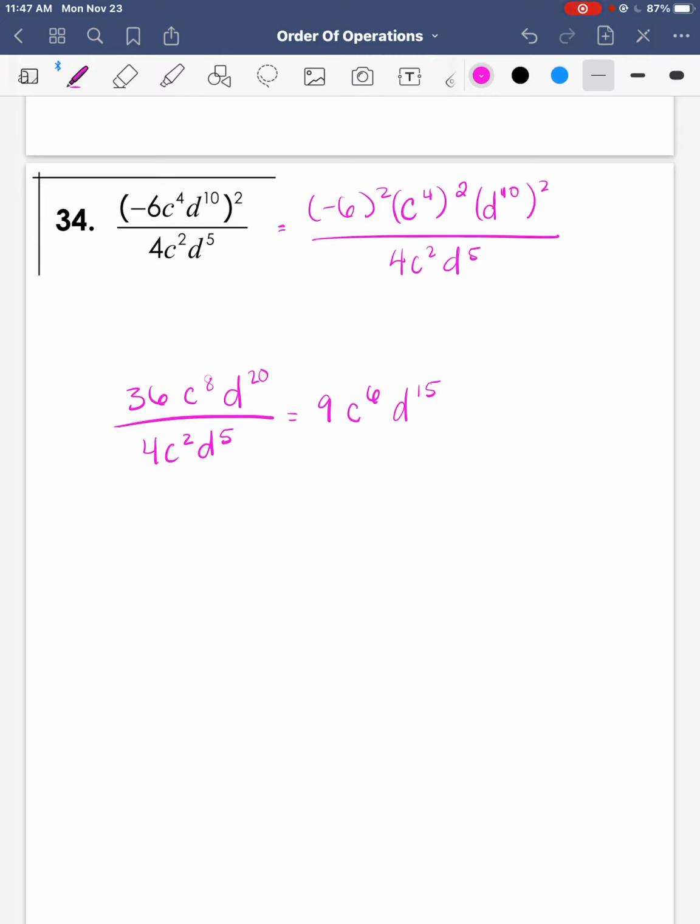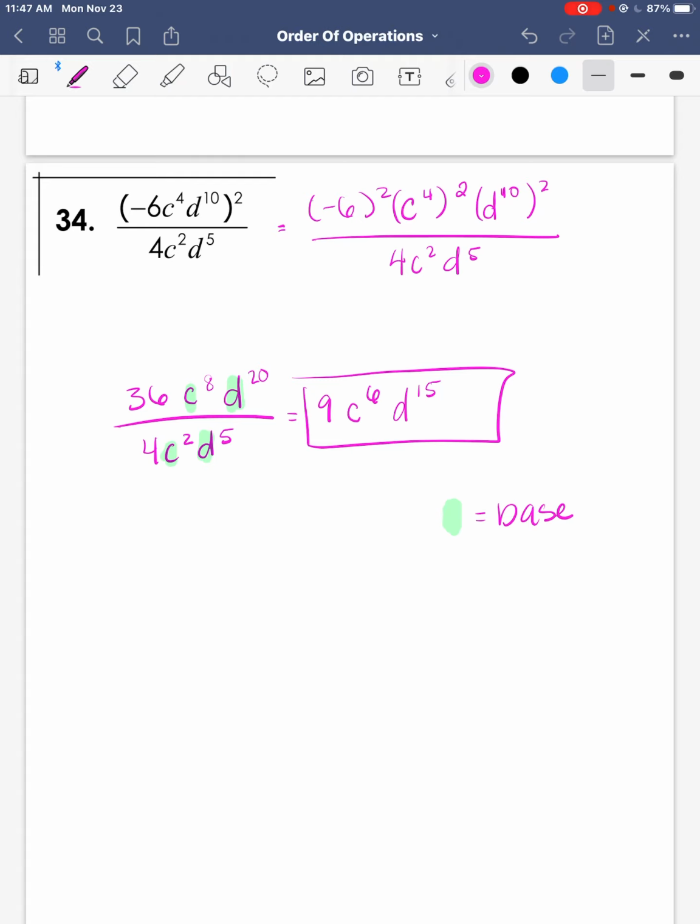So 8 minus 2, which is 6, 20 minus 5, which is 15, okay? Subtract exponents when dividing with like base. Your bases are the big numbers, or your big variables in this case, okay? Those are your bases. Okay? So 8 minus 2, 20 minus 5, and that's your answer.